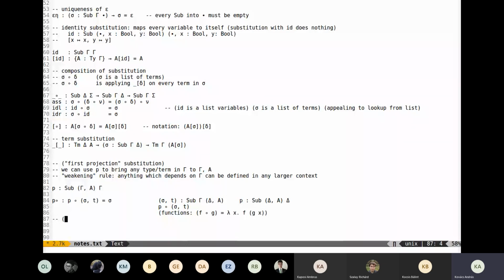Nicely, I think this is probably the best way of viewing it. The best way of viewing p is that p composed with sigma p is just sigma.